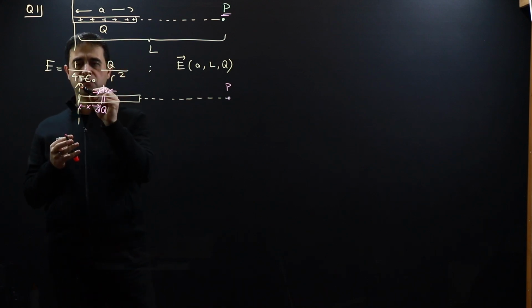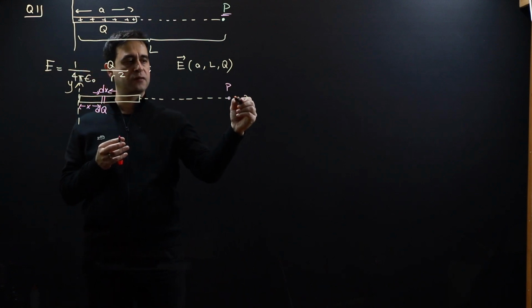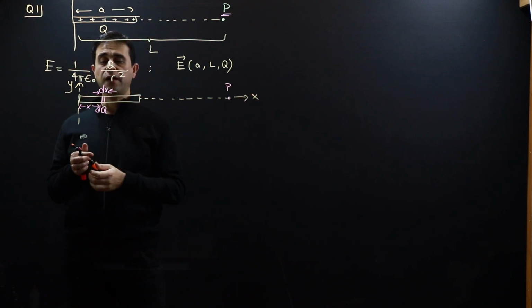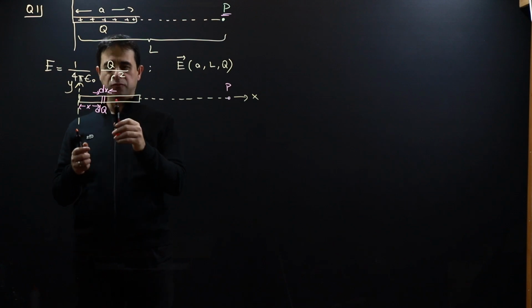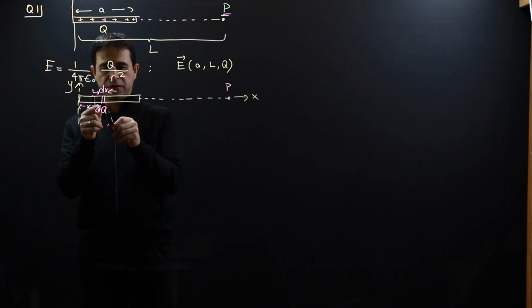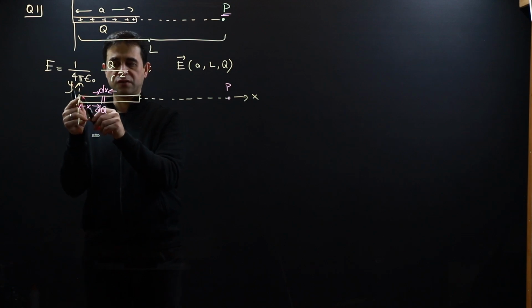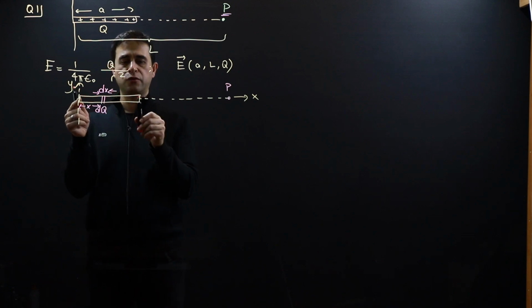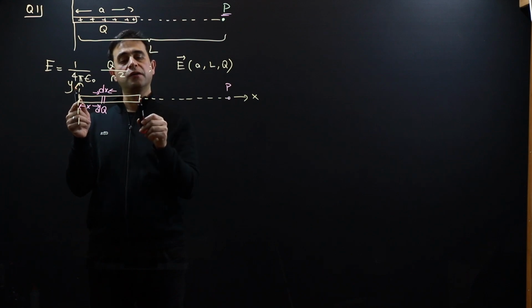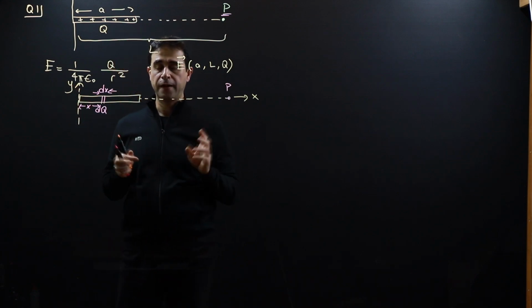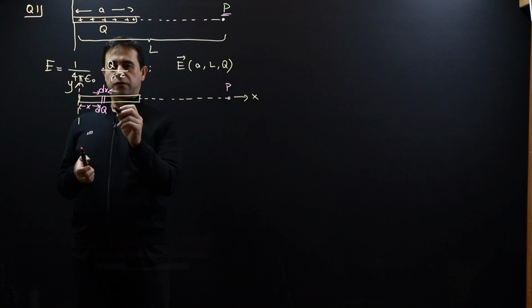So remember that this is y-axis and this is x-axis, right? And then I'm going to calculate the effect of this and add them up from the initial point, which is located at x equal to 0 up until where x is equal to a, right? So that's the idea. Okay, so let's do it.